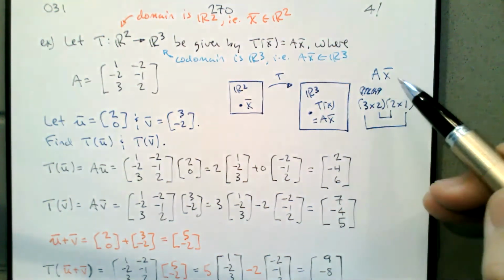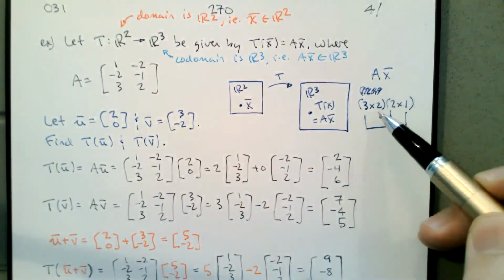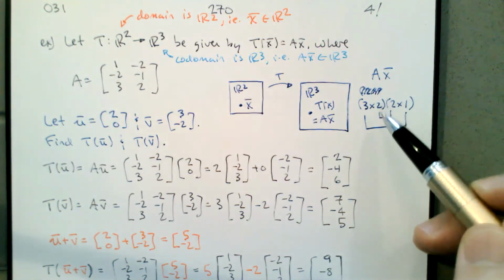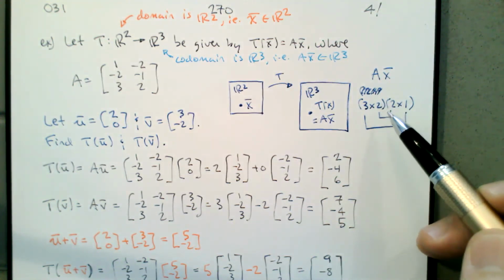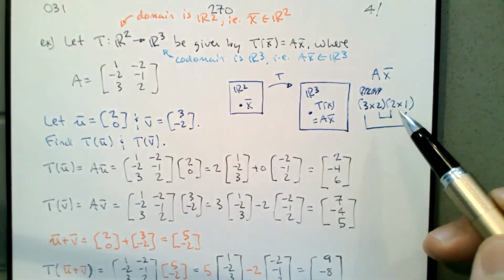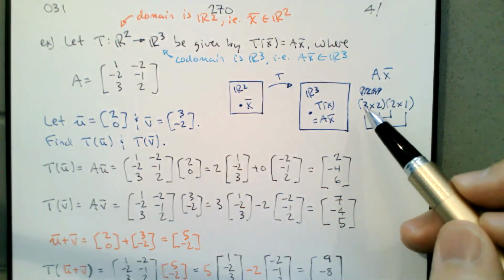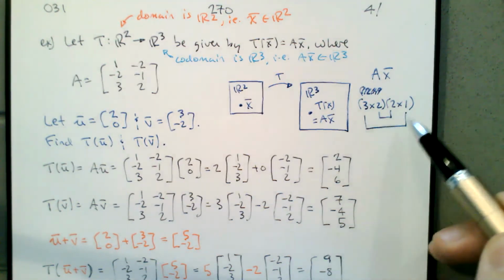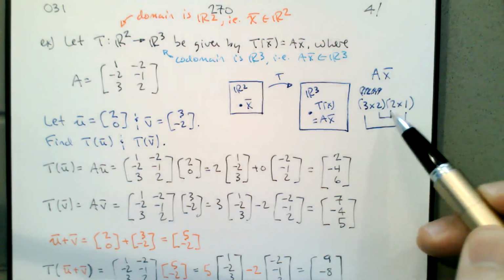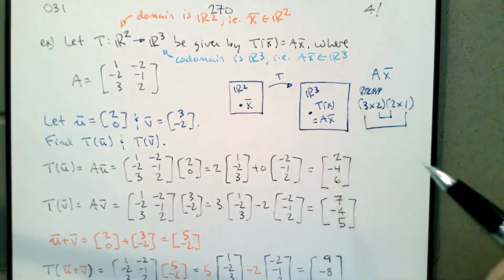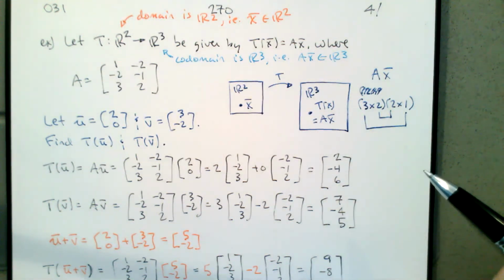So Ax is only defined when A is 3 by 2 and x is 2 by 1, because the inner ones have to match. The number of rows of x has to equal the number of columns of A, because we're going to be making a linear combination of the columns of A. And the result is going to be a linear combination of the columns of A. Since the columns of A are 3 by 1, Ax will be 3 by 1. The inner ones have to match for the multiplication to be defined. The outer ones will tell you the size of the product.